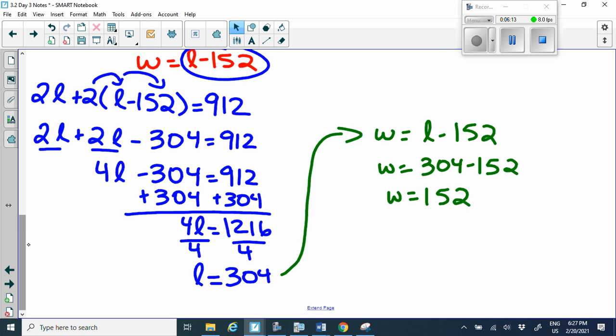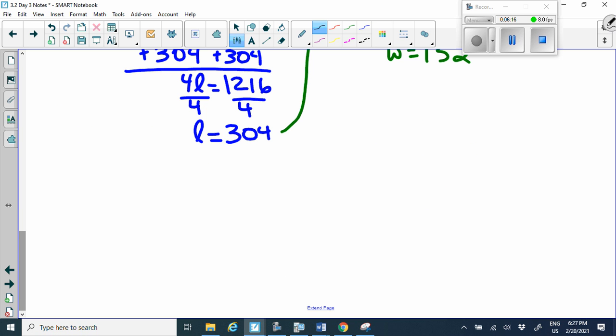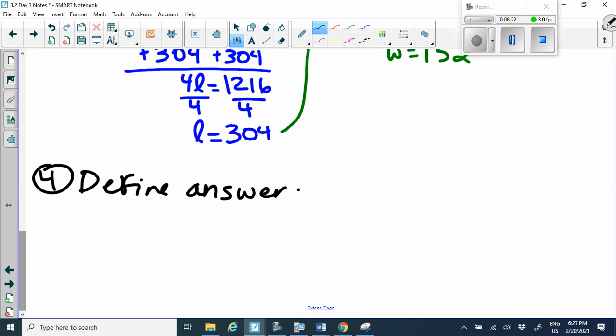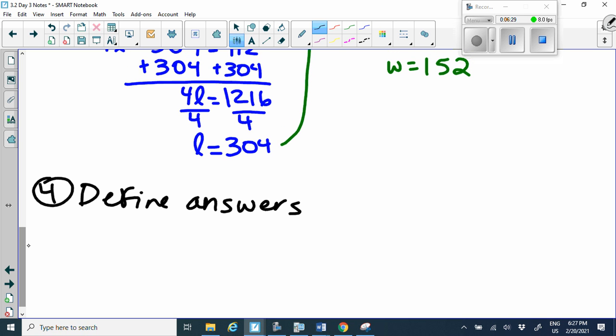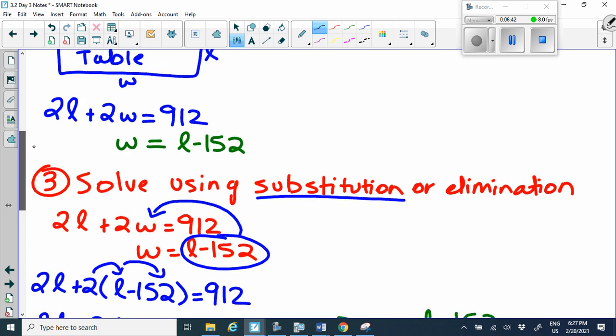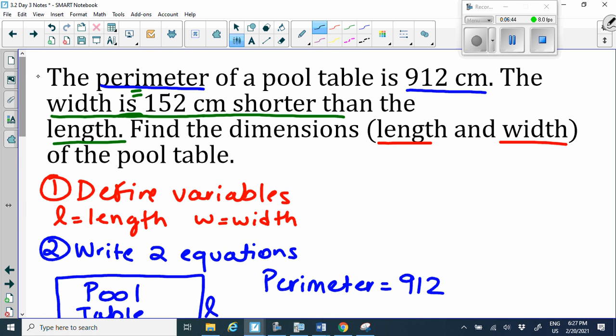Now, our last part, just like we've done in the last two examples, is to define our answers. Basically, what does that 304 and the 152 really represent? Our length is going to be 304, and our width is going to be 152. We need to go back up to the very top, because we have to see if there is a unit.